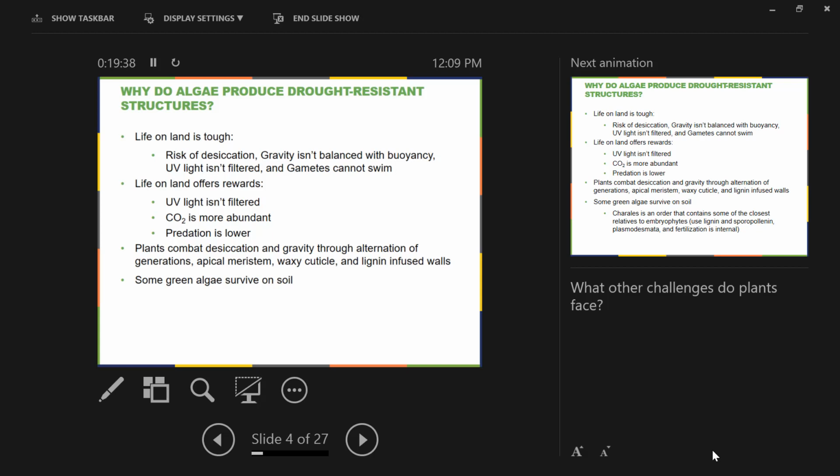It's a wonderful question. And as far as we can tell, those that are restricted just to water don't have these structures. Only the green algae that actually do grow on land have some of these structures. Again, the only green algae with those structures are those that live at least for a time on land. Okay. Yeah, that's a good question.